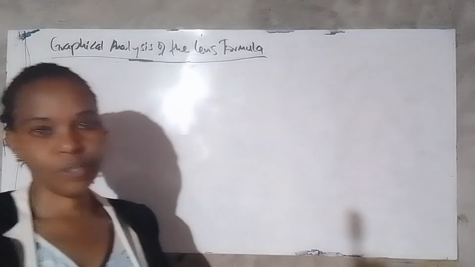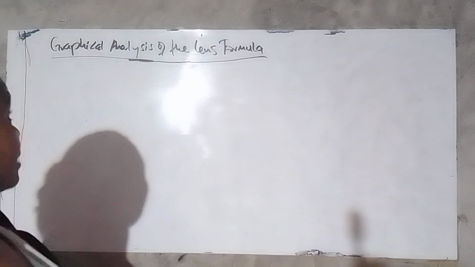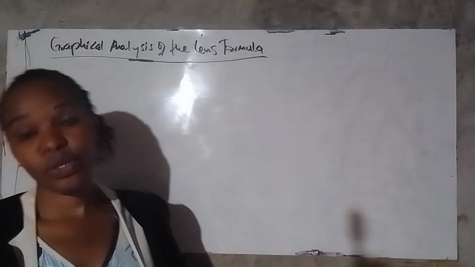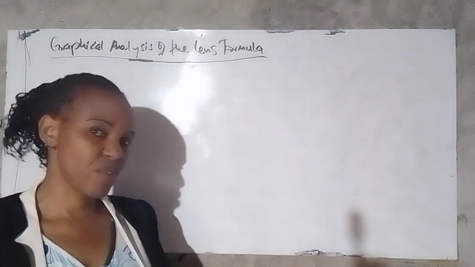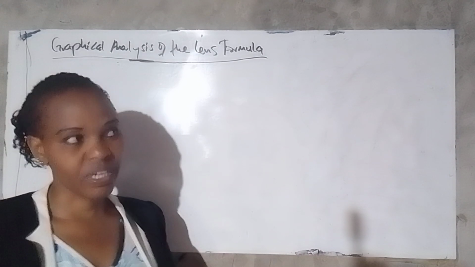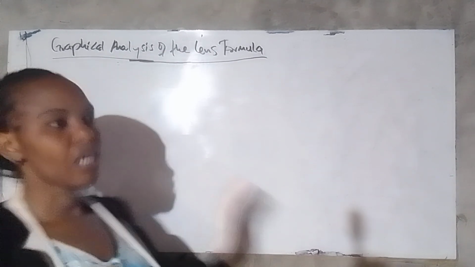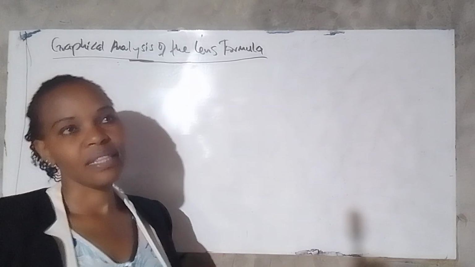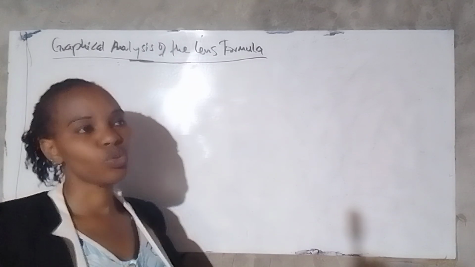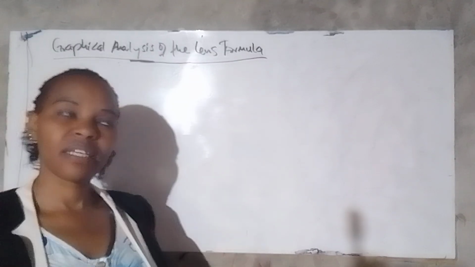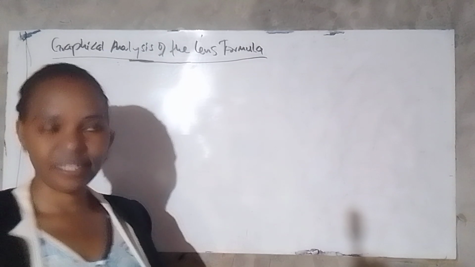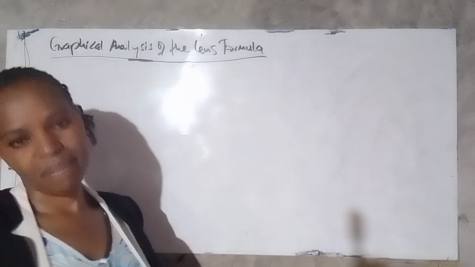Now, in the last lesson, we looked at graphical analysis of the lens formula, how we can use that lens formula to determine the focal length of a lens from experiments.